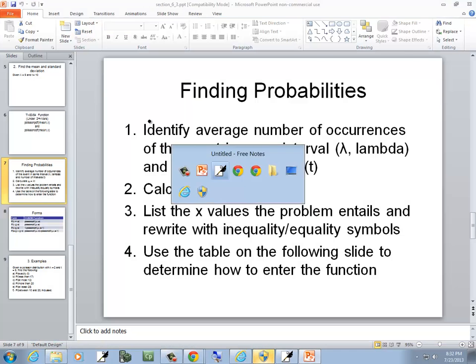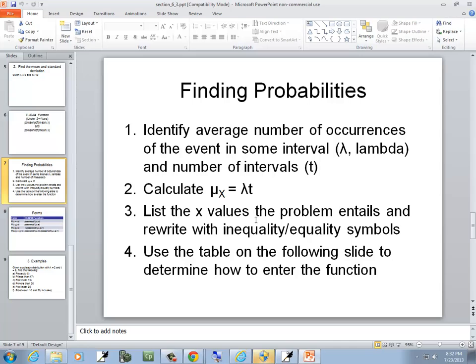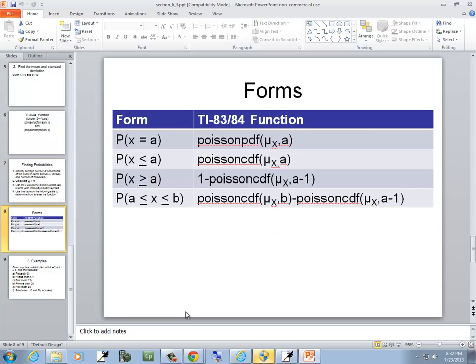Our mean is going to be equal to lambda t, so 0.9 times 7, which I think is 6.3. You might want to plug that in your calculator just to make sure. Then it says list the x values of the problem and rewrite with inequality and use a table. This is very similar to the binomial we just looked at.